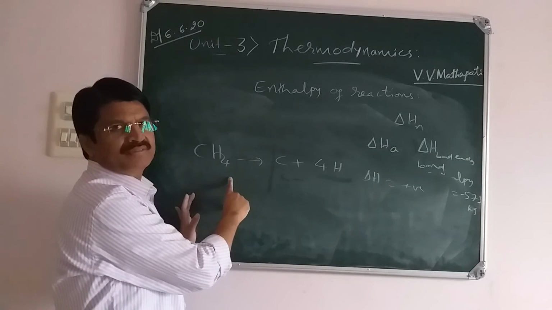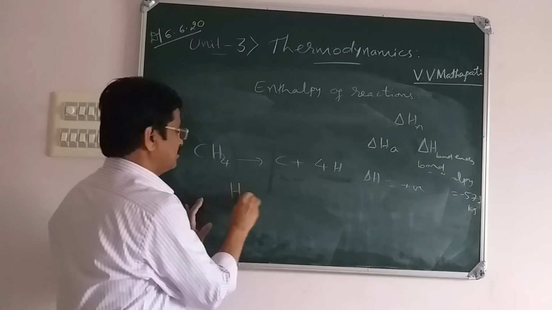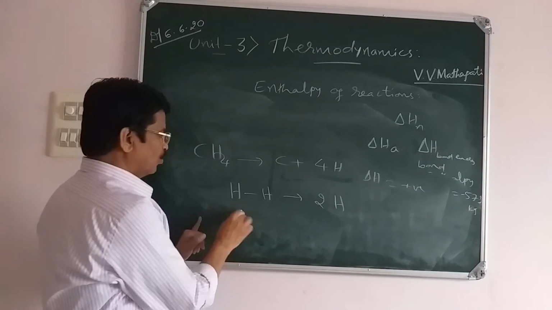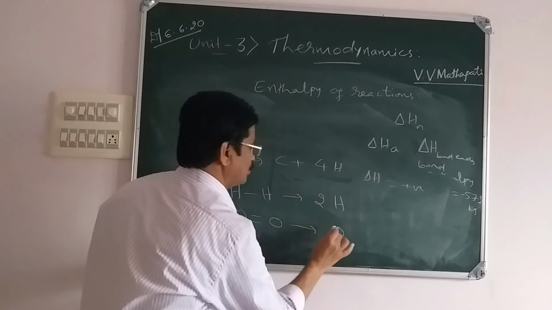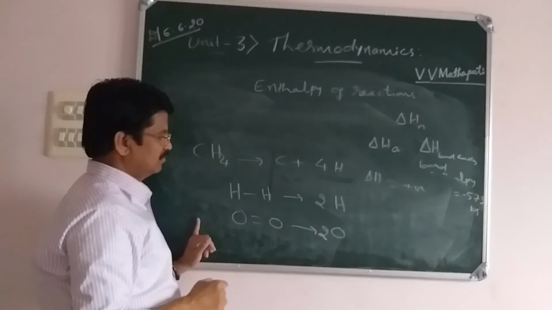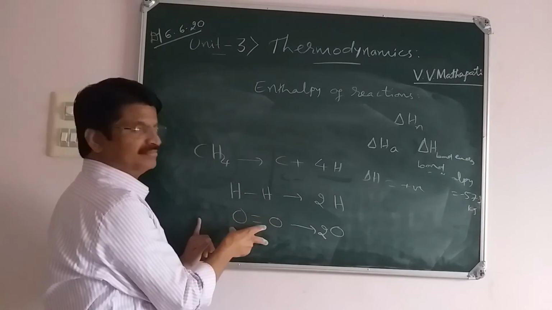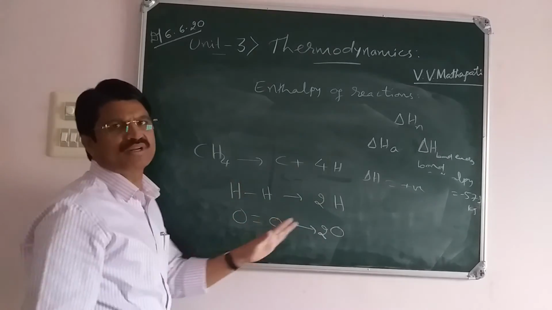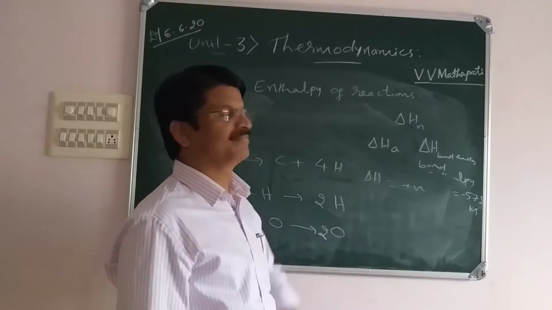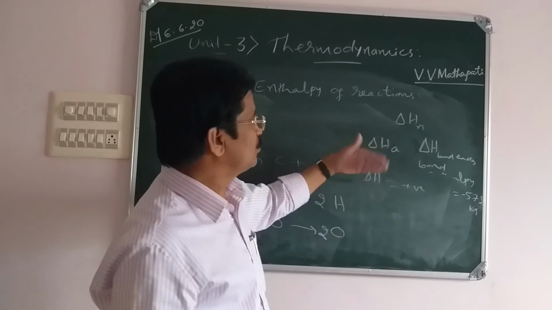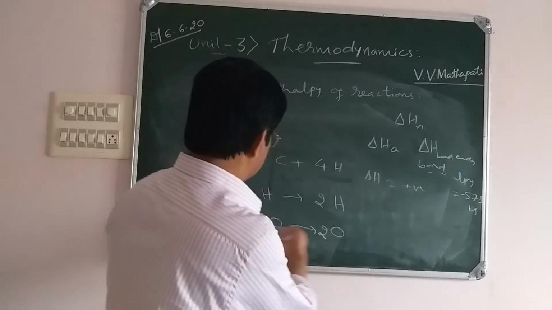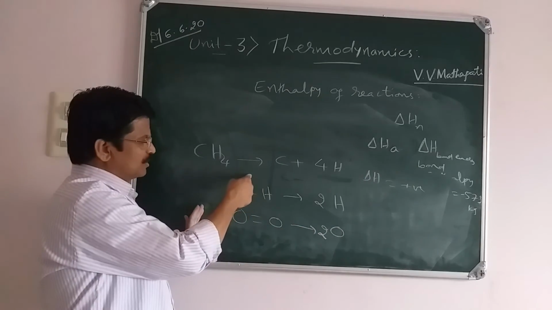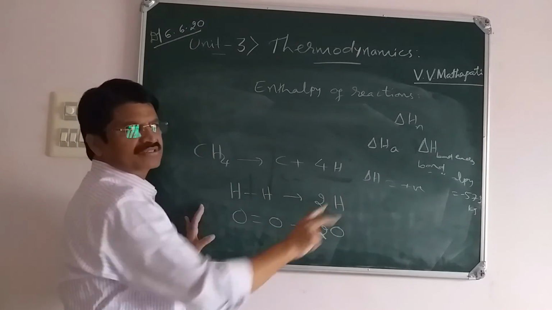Hydrogen H2 into 2H, O2 into 2O. It may be an element or molecule changed into atoms, and the delta H value is called enthalpy of atomization. Similarly we can study bond energy. Here also, bond energy and enthalpy of atomization mean the same: conversion of a molecule to atoms.